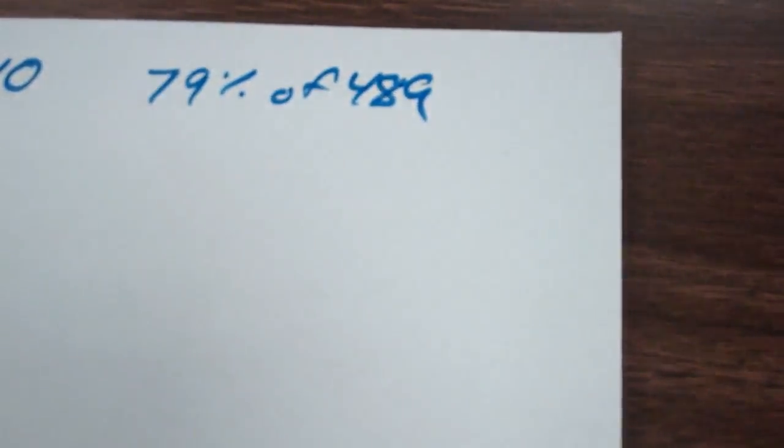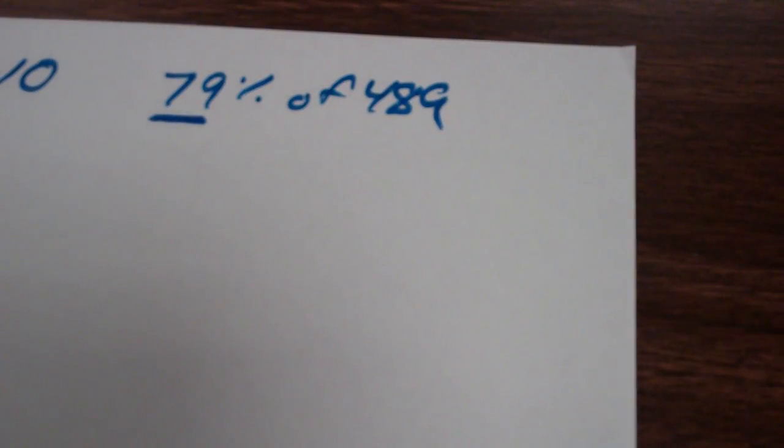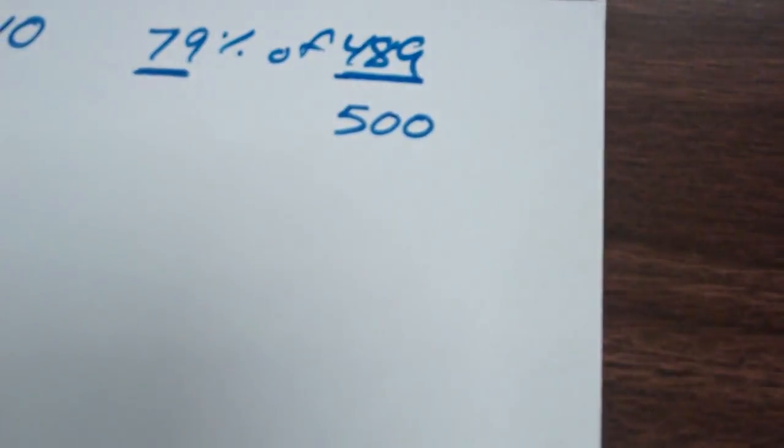The next one is 79% of 489. Well, 79% you might notice is not a pretty one like we dealt with. It didn't round to any of those nice ones. We could find 75% pretty easily because we did that with 50% and 25%, so add those together. 489 I would probably estimate to be about 500.